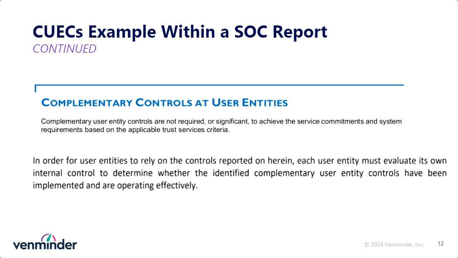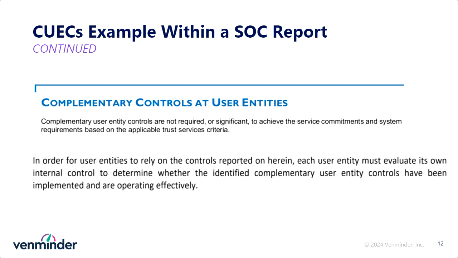So this is an example. This first one in blue is actually an example where a vendor calls out that complementary controls at user entities, or complementary user entity controls, are not required. This is a statement you will see often in a report when CUEs are not required. It says complementary user entity controls are not required or significant to achieve the service commitments and system requirements based on the applicable trust service criteria.